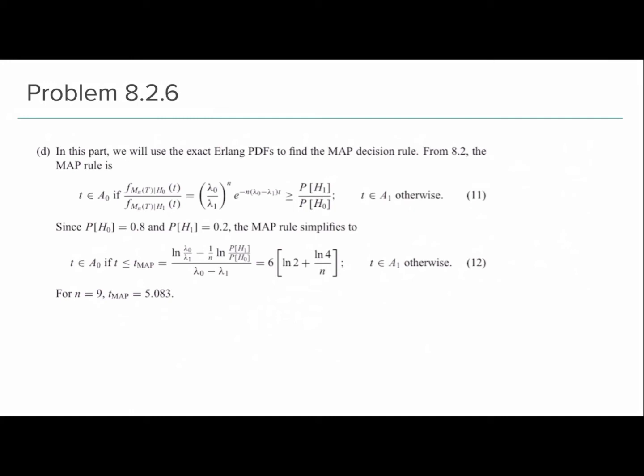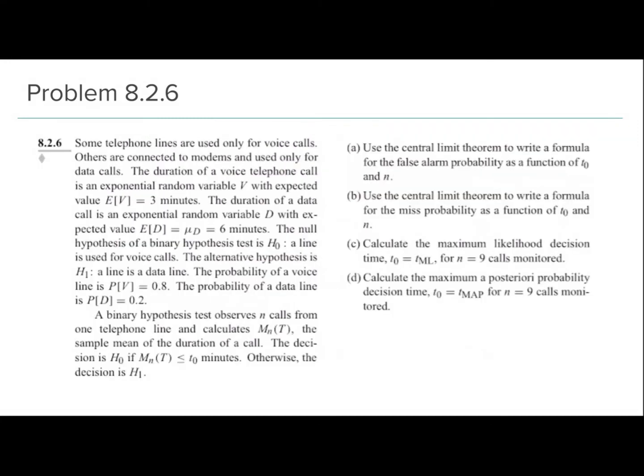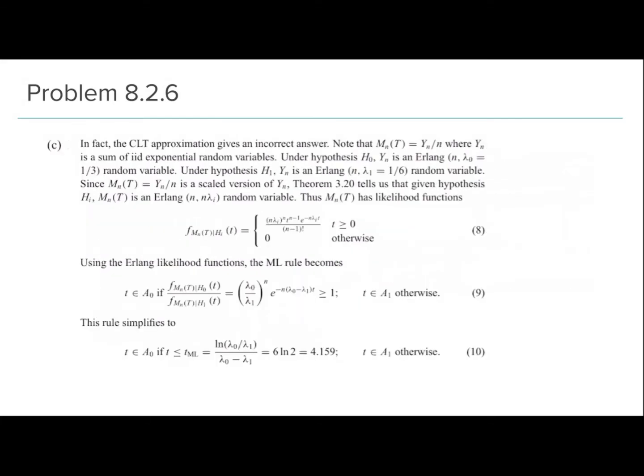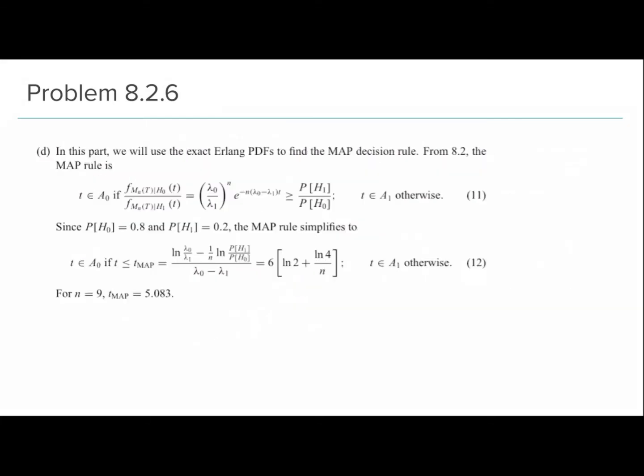And we're also given what P of H0 and P of H1 are: the probability of V and the probability of D, right? So probability of H0 is equal to probability of V, which is equal to 0.8, and probability of H1 is equal to probability of D, which is equal to 0.2, right?